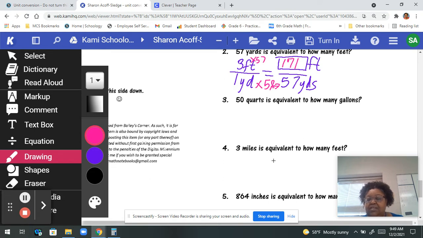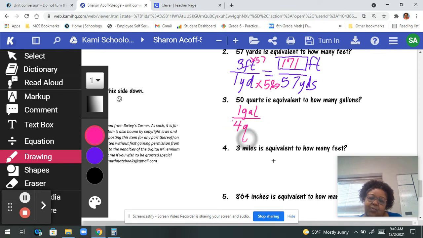50 quarts is equivalent to how many gallons? Okay, now we're back. 50 quarts is equivalent to how many gallons? From our conversion table, 1 gallon is 4 quarts.